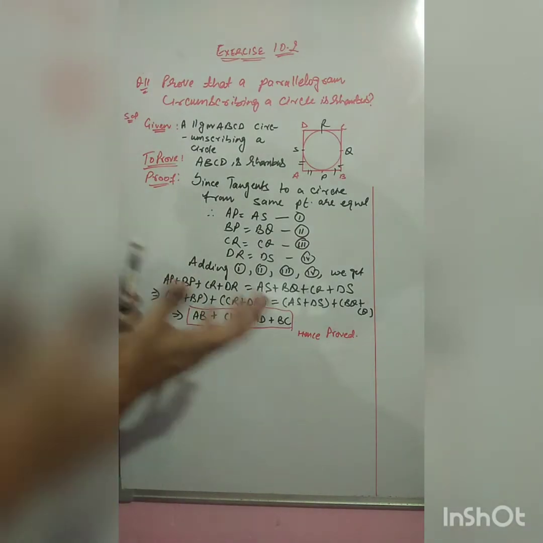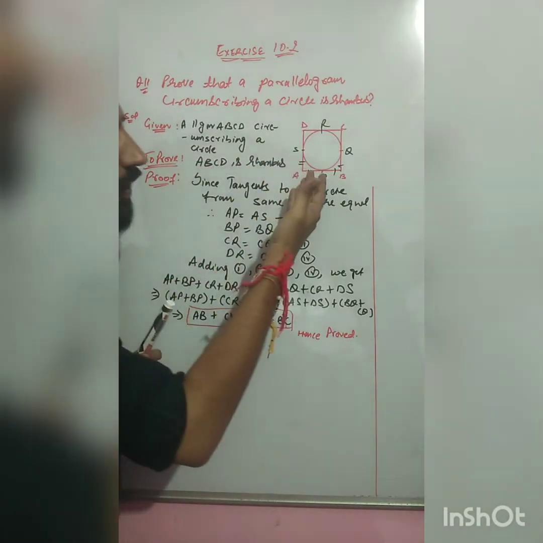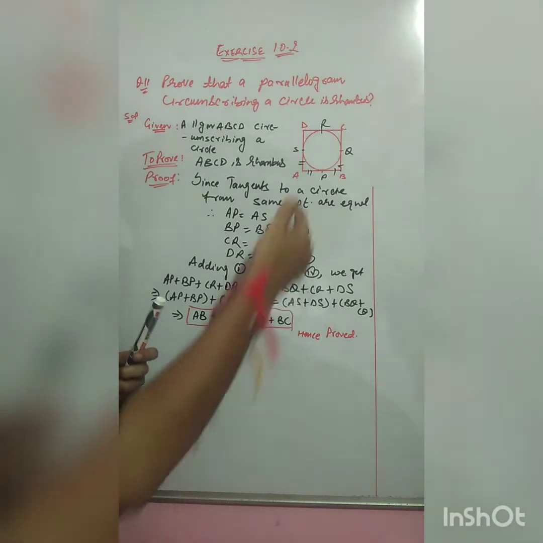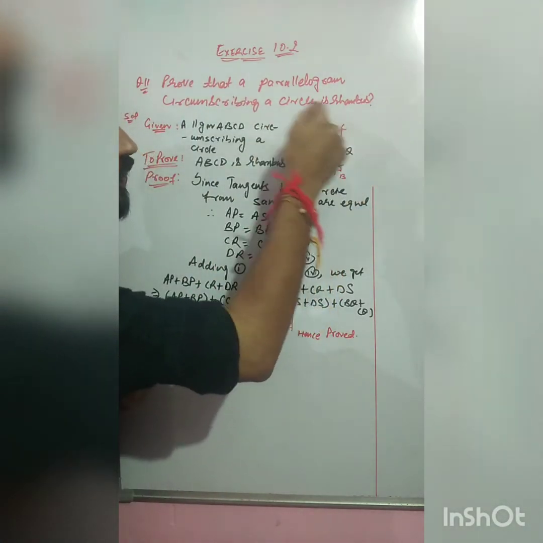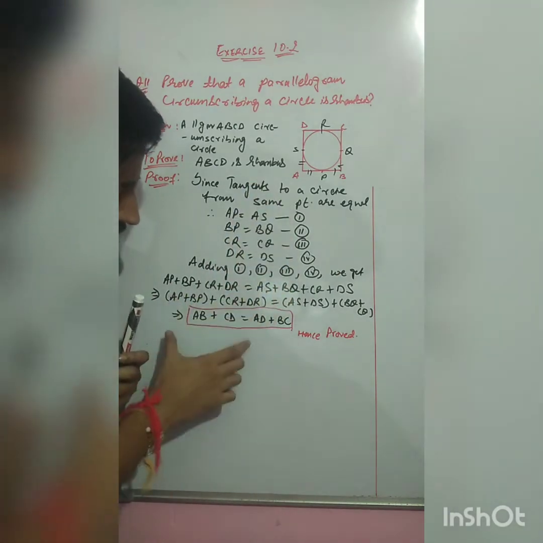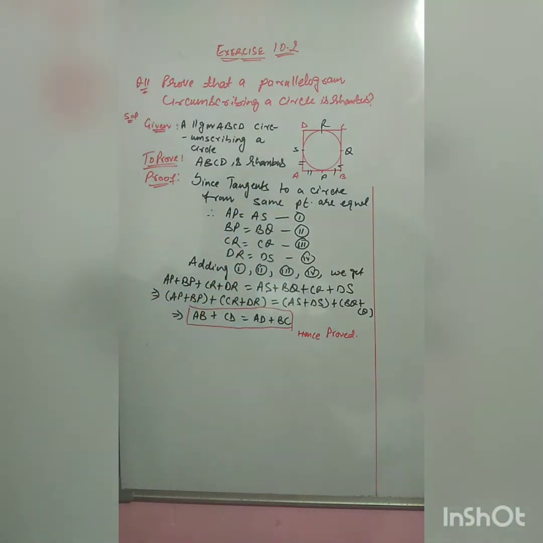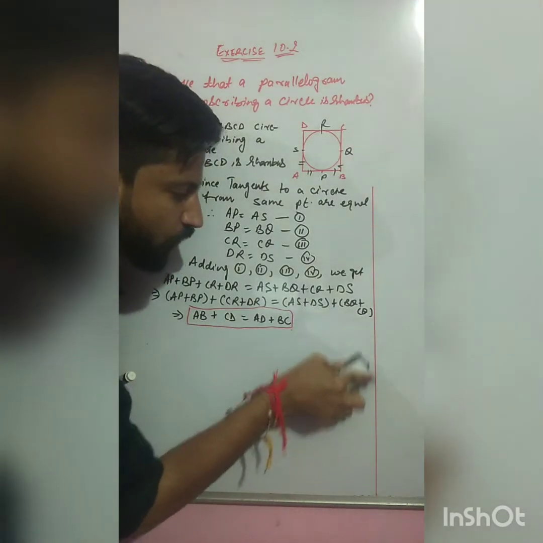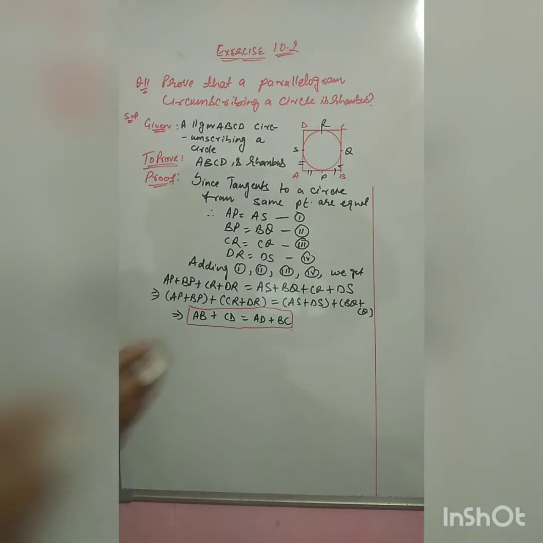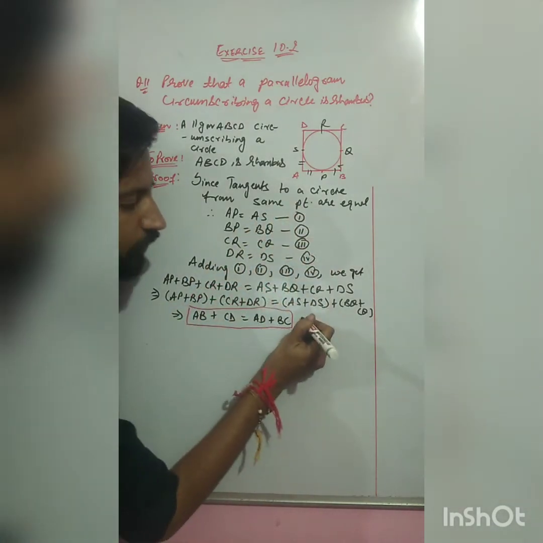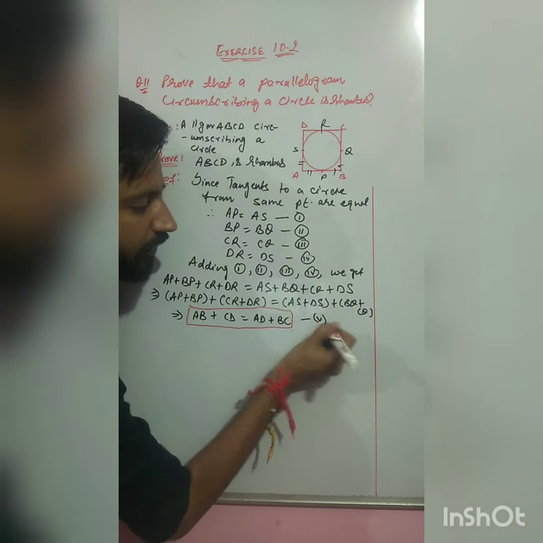So again the same points, since tangents from the external point are equal: AP, AS are equal, BP, BQ are equal, CQ, CR are equal. Again by adding, we get the same result that we have proved in the previous question, question number 8. We just have to write hence proved from there, because in this question we don't have to prove this. So we will take it as equation number 5.